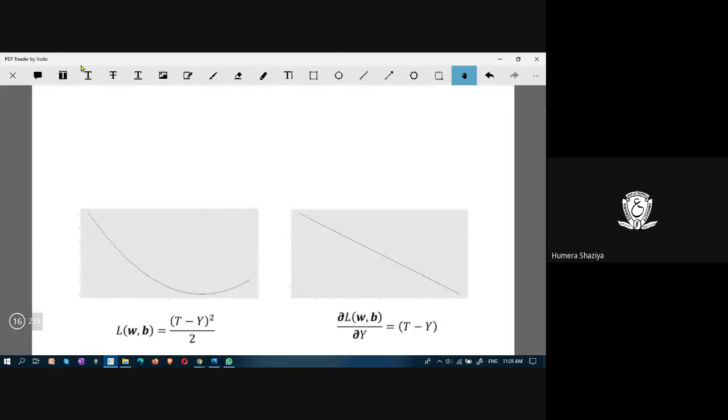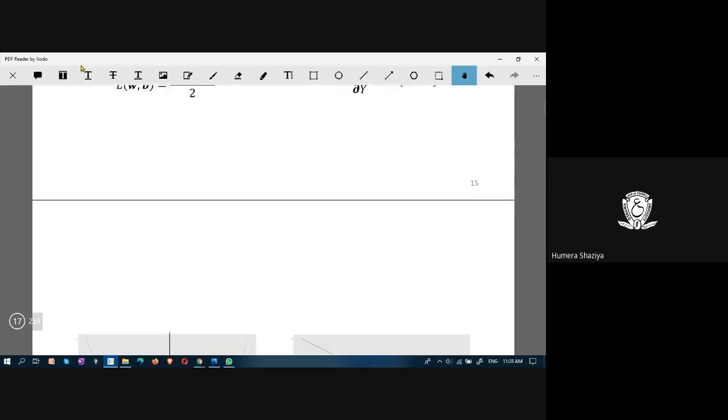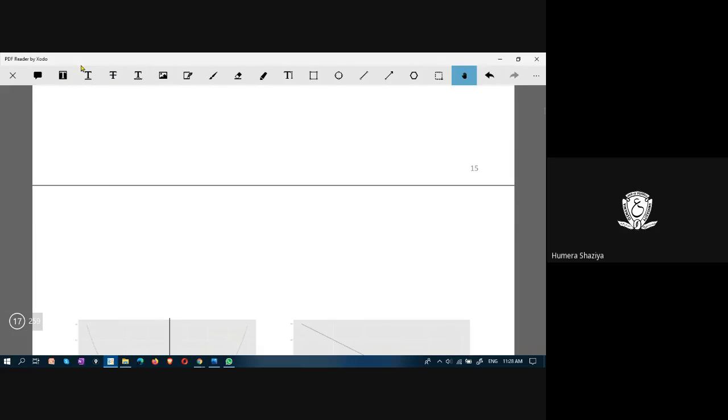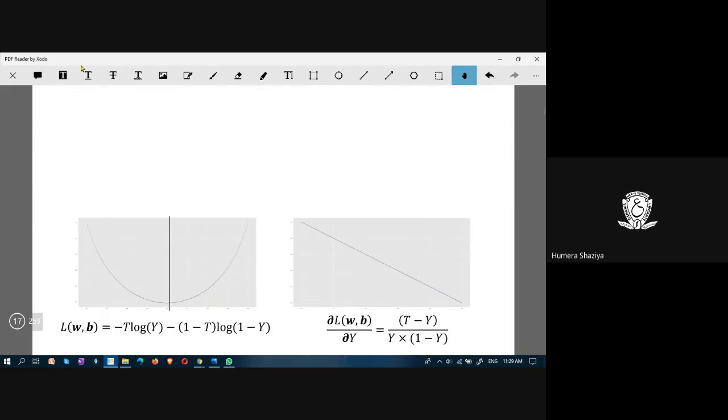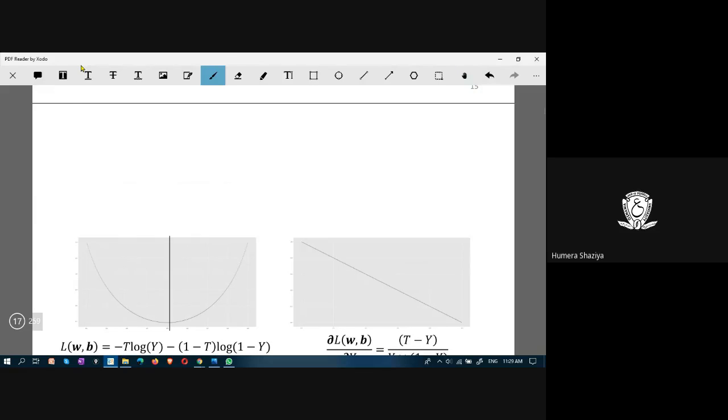Next, let us look at forward propagation.